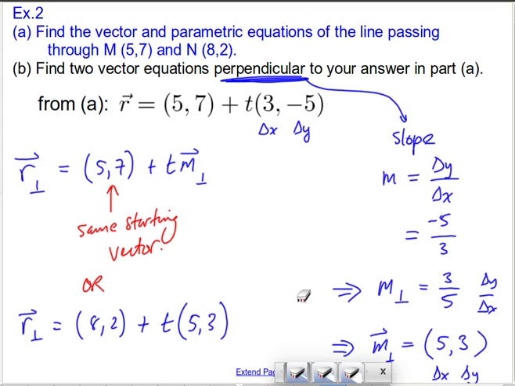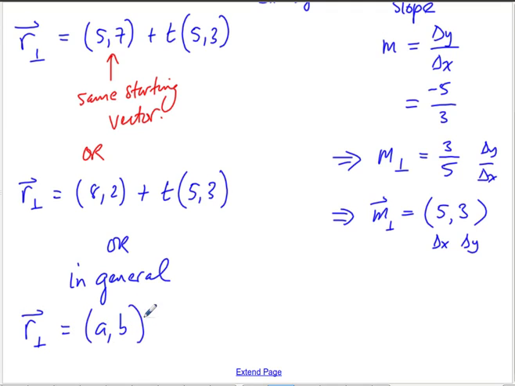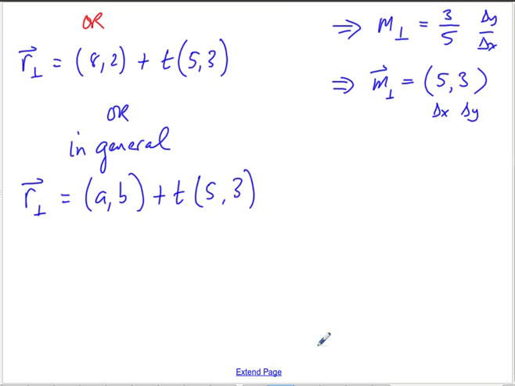And up here I should have also written another line, but I'll just go ahead and replace that. So this is now the point N, or in general, r perpendicular is equal to any point (a, b) plus t(5, 3), or any starting vector.